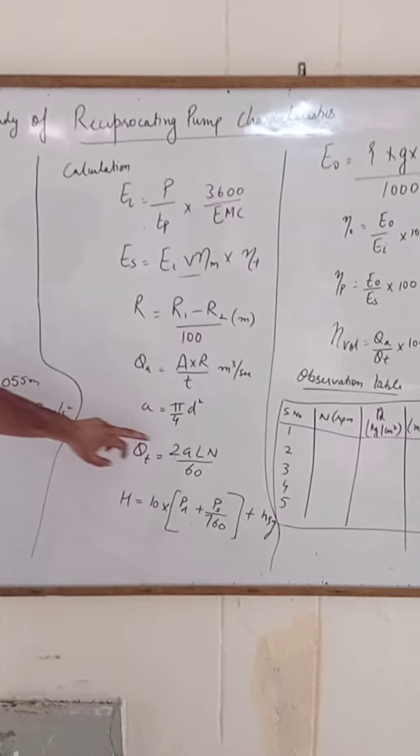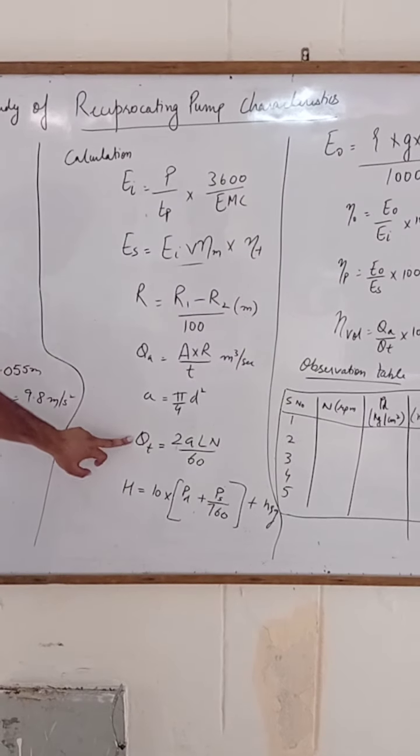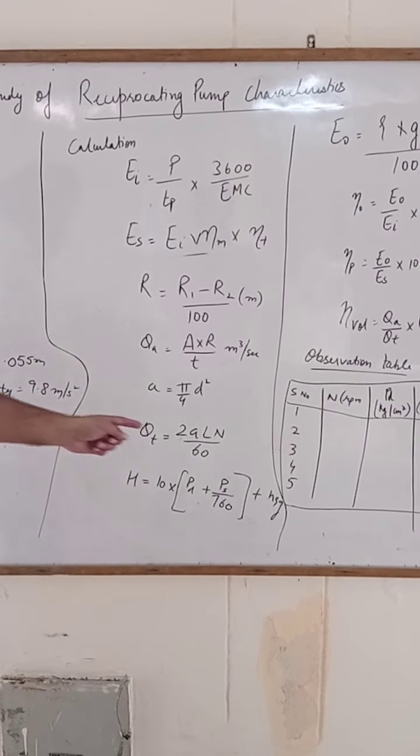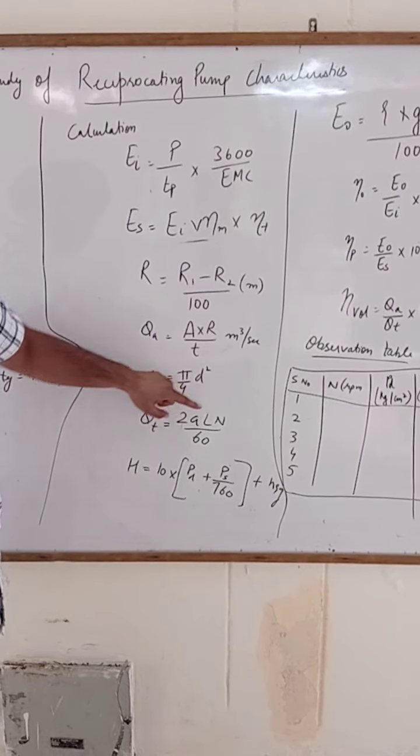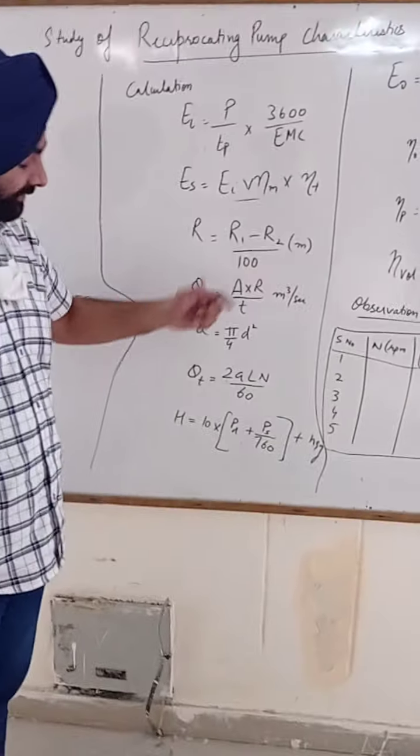Again, area pi by 4 d square you can use. Then QT is the theoretical discharge, that is 2 ALN by 60, where L is the length of the stroke and N is the RPM that we have measured.